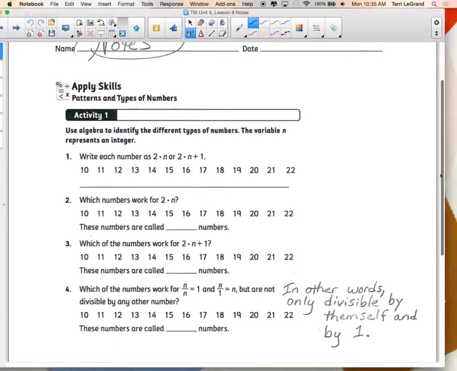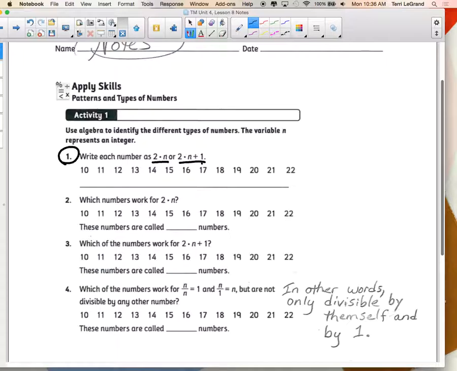So we're actually going to do this number 1, but we're going to do it on the other page, so we're just going to look here and see what the directions ask us to do, okay? So we're at this one right here, and that's what the other handout is for. Write each number as 2 times n, or, so let's underline that, as 2 times n plus 1.